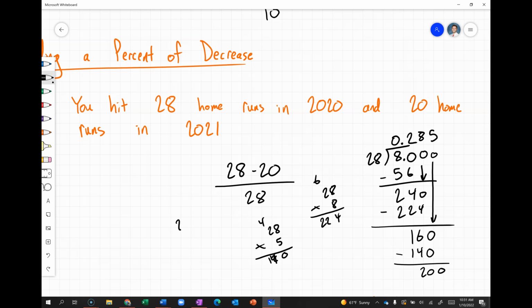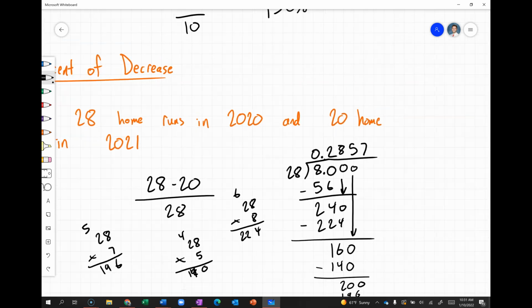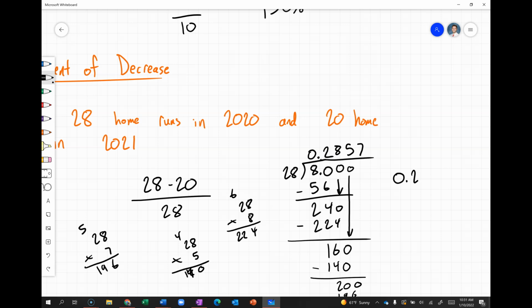That's going to be 7 times. 7 times 8 is 56. 7 times 2 is 14, plus 5 is 19. So we can see here, we get 0.2857, which we can round to 0.286. So turning that into a percent, we get about a 28.6% decrease.